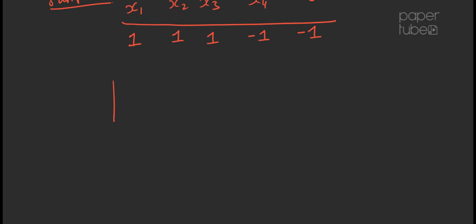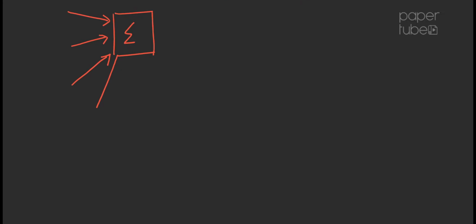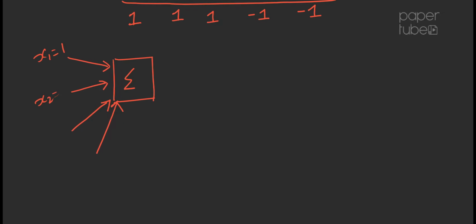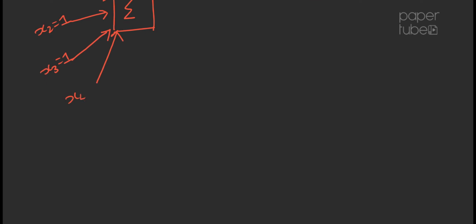So let's draw the perceptron again. It's a time-consuming job, but worth learning. x1 is equal to 1, x2 equal to 1, x3 equal to 1, x4 equal to -1. And then let's calculate the weights.